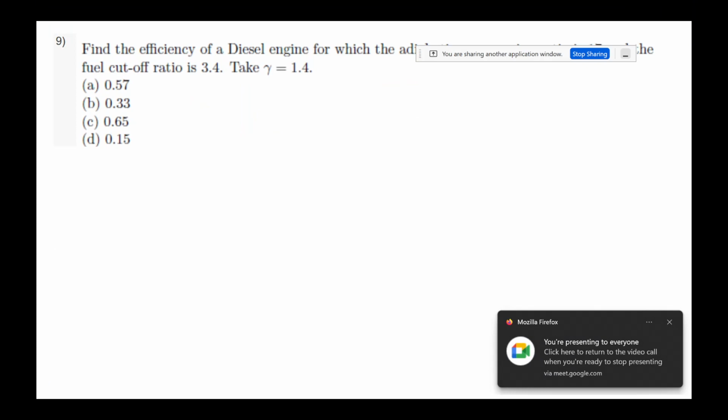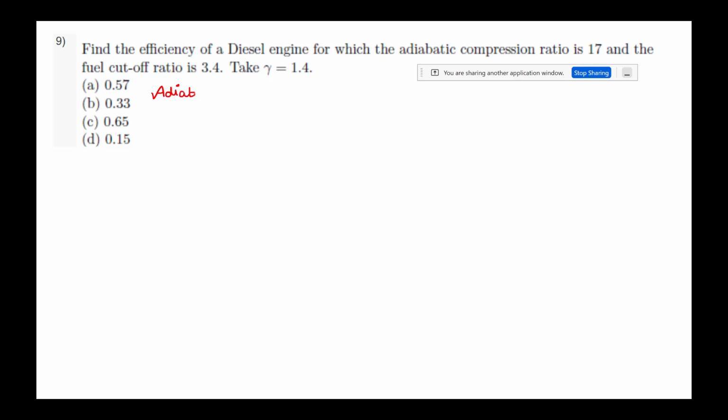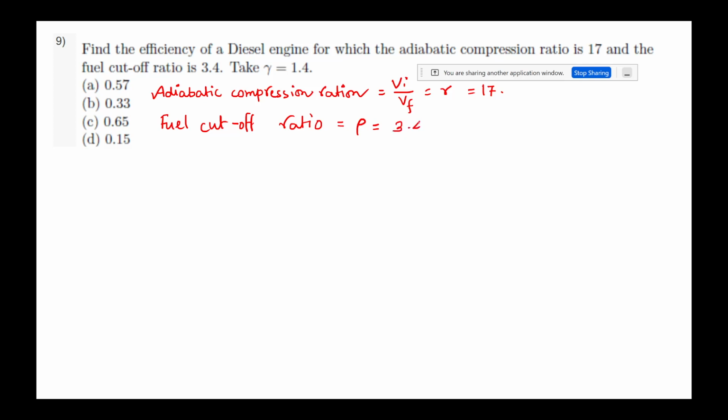Let me define the different parameters here. Adiabatic compression ratio, which is Vi by Va, this is r, which is 17. Fuel cutoff ratio, which is rho, this is 3.4.